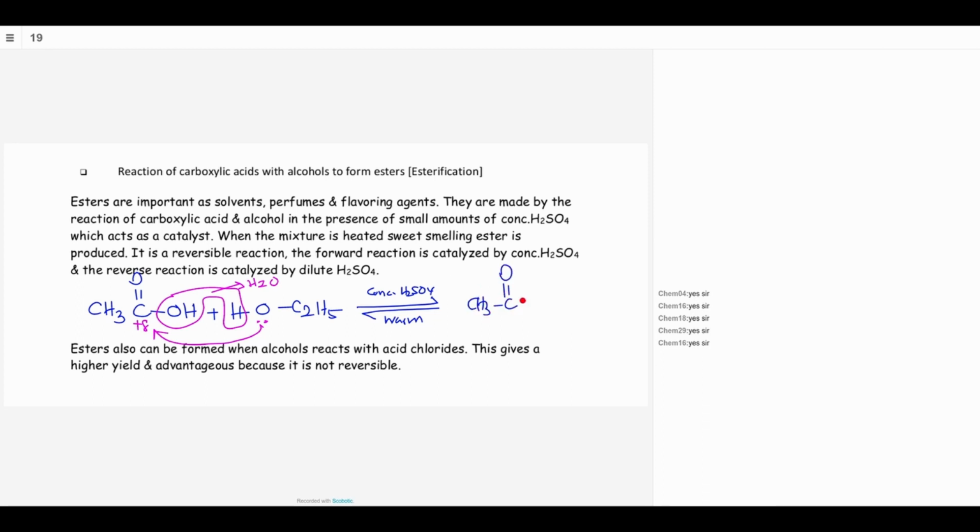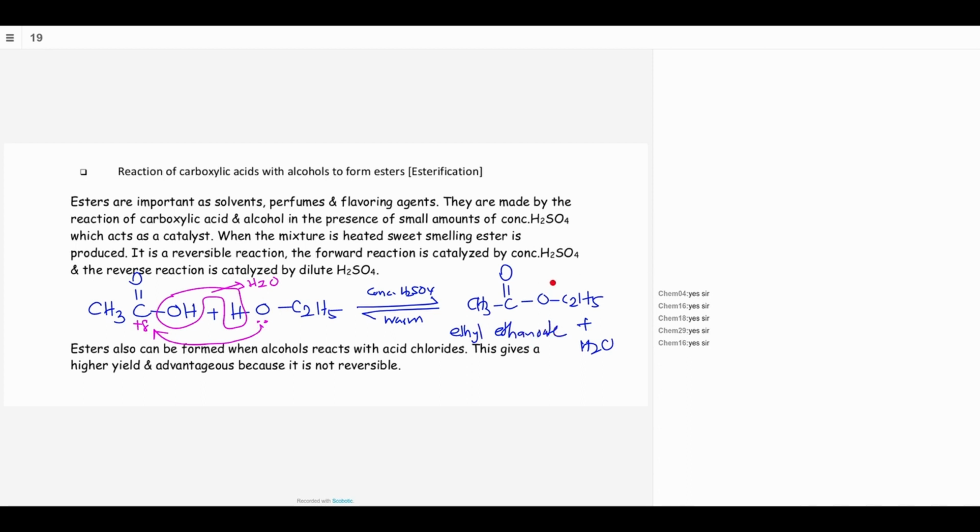So you get this ester. What you do is you form a bond with this oxygen of the alcohol. So this ester is named ethyl ethanoate.